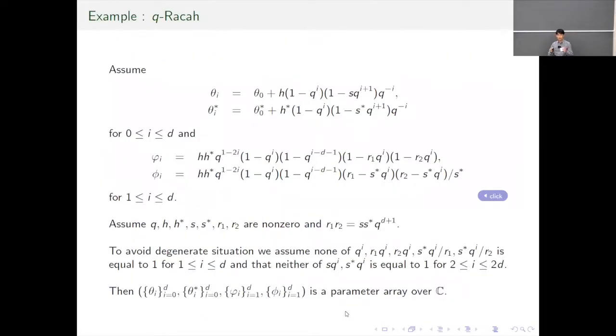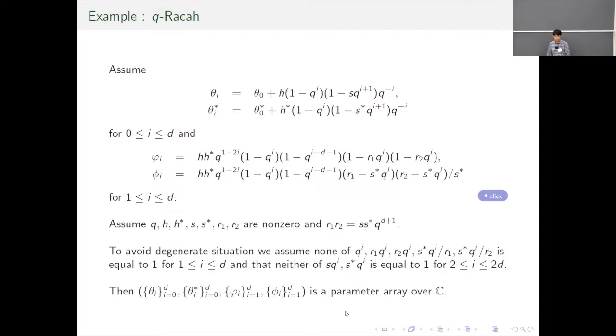We define the sequences of scalars theta I, theta I star, varphi I, and phi I, as you see here. Those scalars are parameterized in terms of h, h star, s, s star, r1, r2, and q. And these parameters satisfy these conditions: r1 r2 = s s star q^(D+1). Also, to avoid degenerate situations, we assume these conditions.